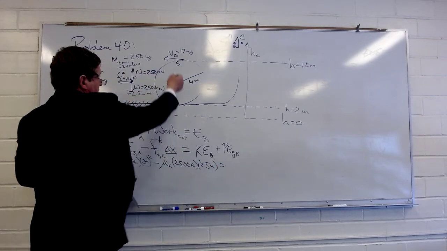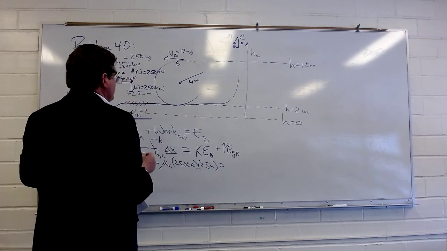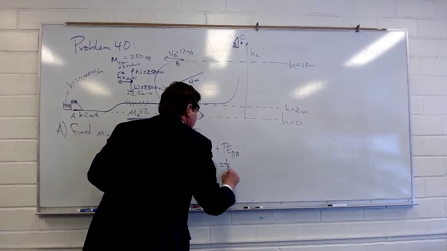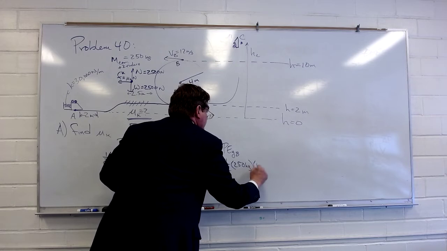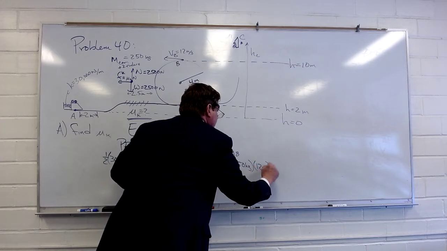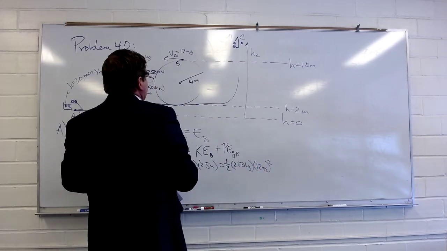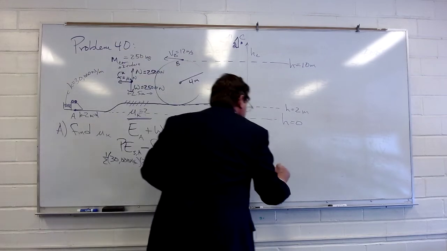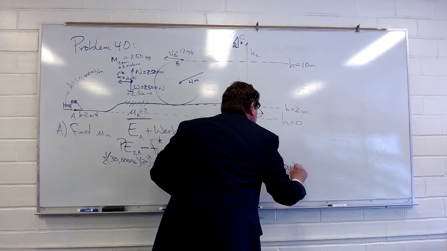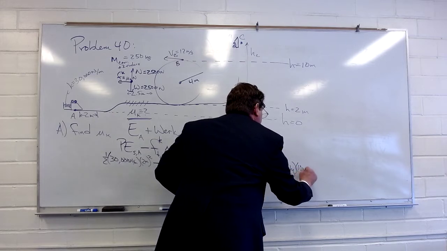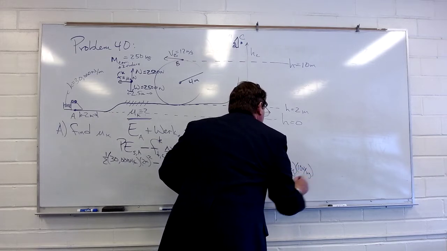Well, that's going to equal the kinetic energy at B, which is 1/2 times 250 kilograms times 12 meters per second squared. And then the gravitational energy is going to be the mass, 250 kilograms, times G, which is 10 newtons for each kilogram on Earth.